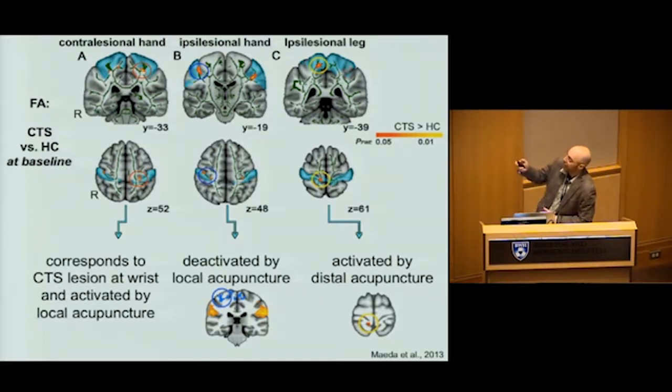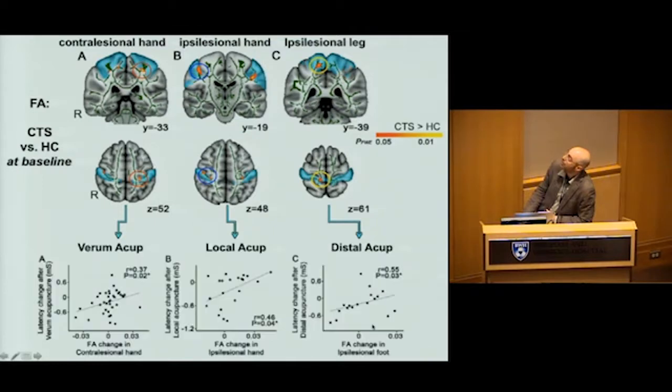In this case, it's a very different part of S1. This is kind of the ankle area, if you will, of S1. And so what we found is that there was this interesting dissociation where improvements in FA after the acupuncture were associated with improvements at the wrist in nerve conduction latencies that were specific for different treatment styles.